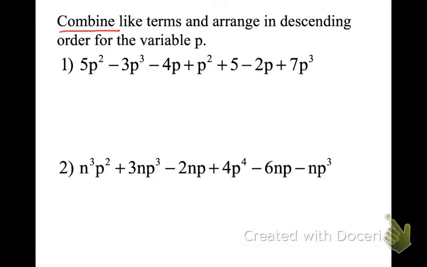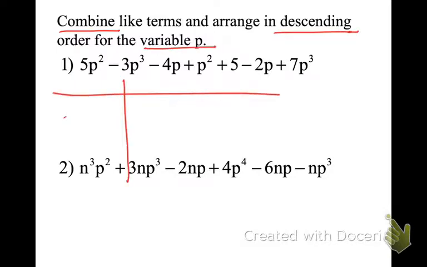Combine, descending, variable p. So in your directions, you should have a bullet, combine. We're going to say descend. You're writing as we're going. And we're going to say variable p.